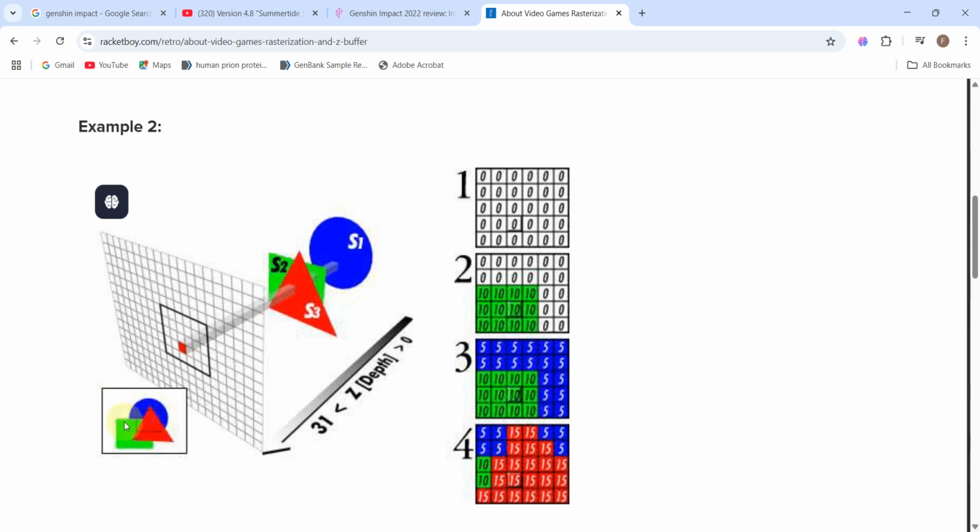To make this screen projectable, you can see that this triangle is overlapping with some parts of this green square and some parts of this blue circle. So how is this information stored in the computer? All these zeros are the Z-buffer, that is, the depth buffer, and the refresh buffer information stored here.